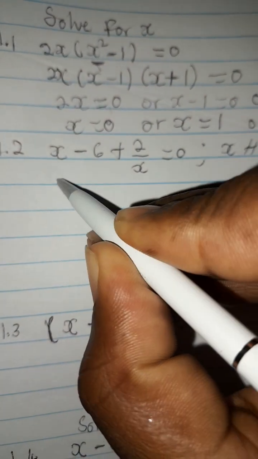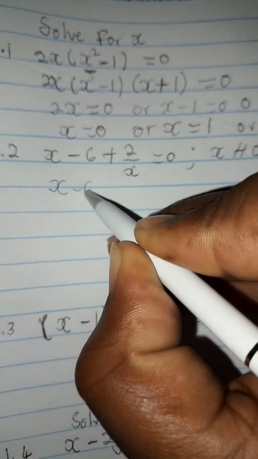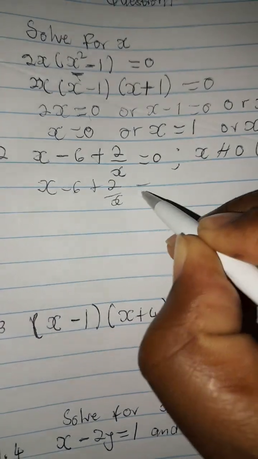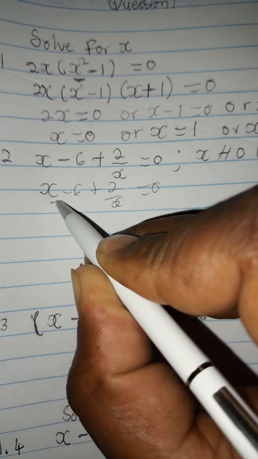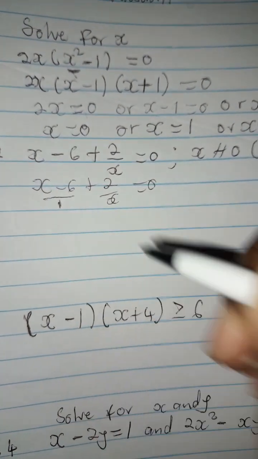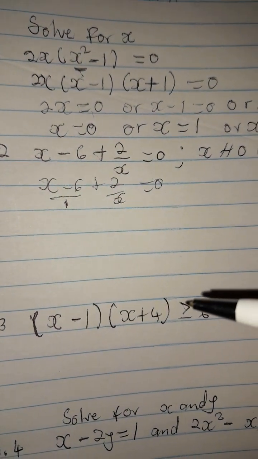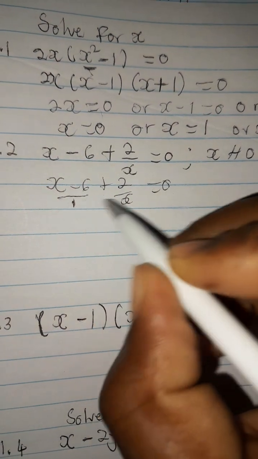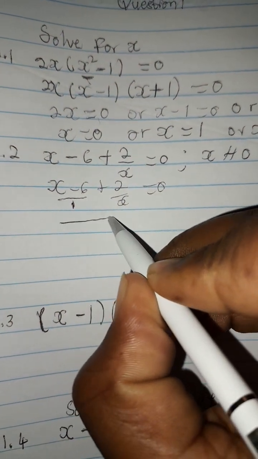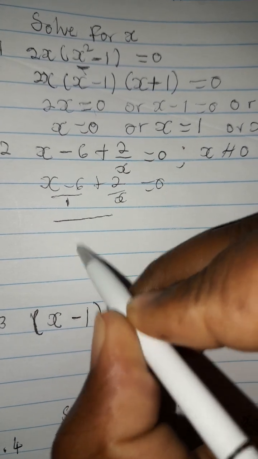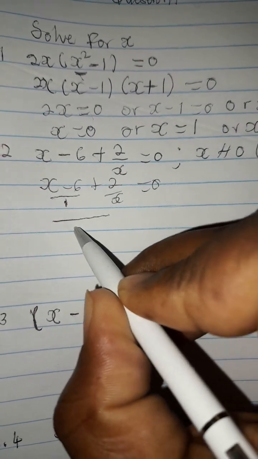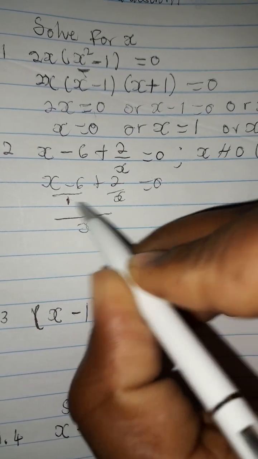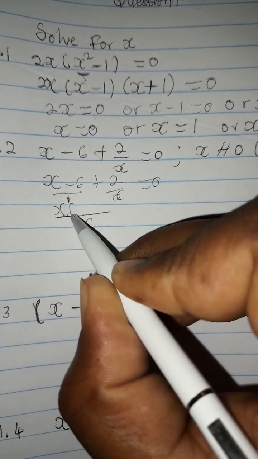Since we're given x minus 6 plus 2 all over x is equal to 0, this is the same as x minus 6 divided by 1 plus 2 all over x. Then the LCD here. Remember, whenever there's an addition and you're given a fraction, find an LCD. The LCD will be x. 1 multiplied by x is x. So from here, we are going to have x.